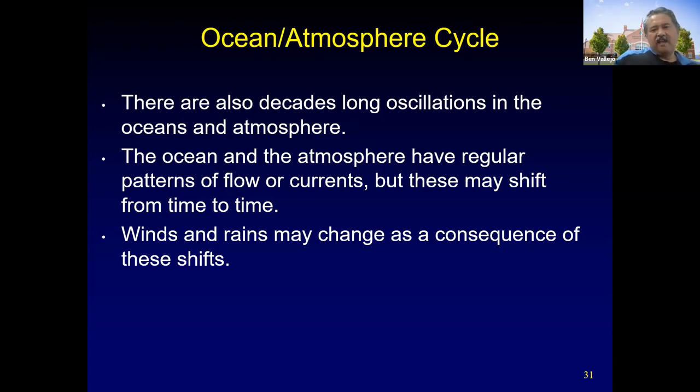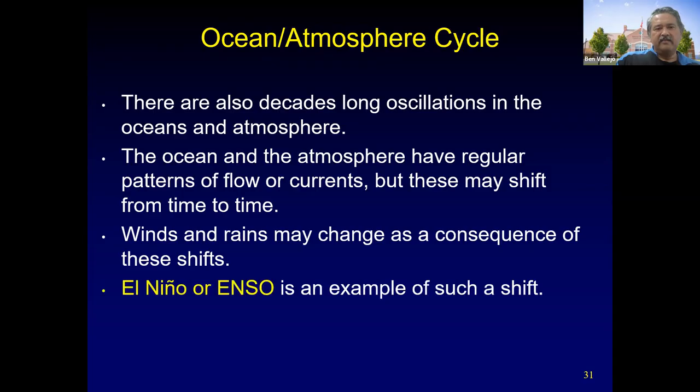But this may change for a little bit at a time. And so the climate might change for years, even decades, because of the change in the ocean circulation patterns.